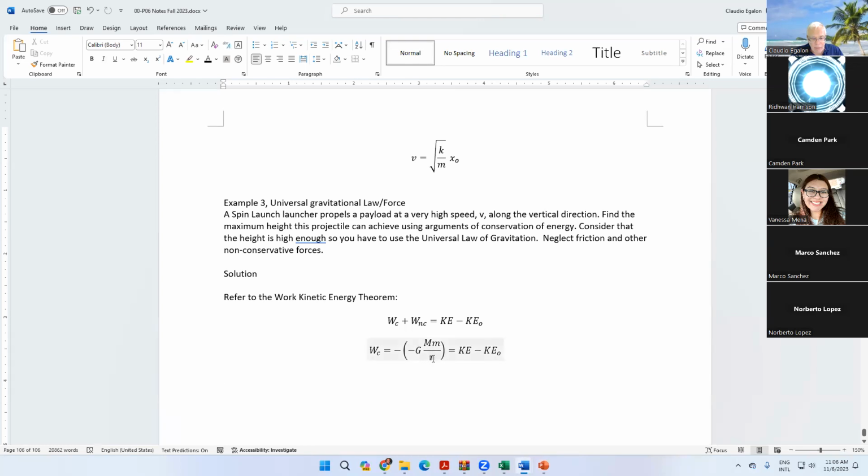I want to find out this value right in here, and I'm asking for the maximum height. Changing potential energy, let's see. Final potential energy, like that.